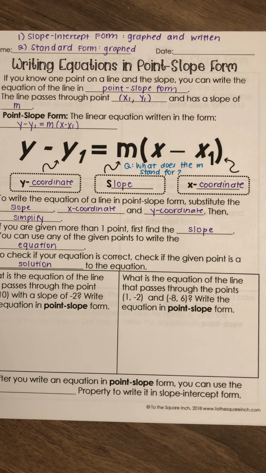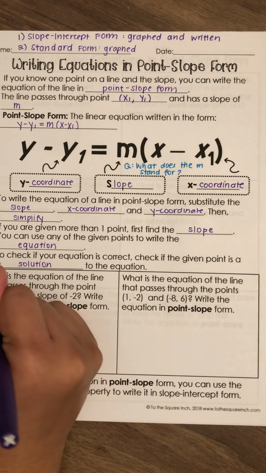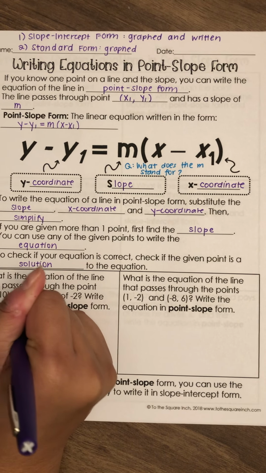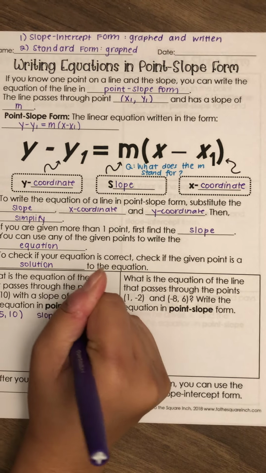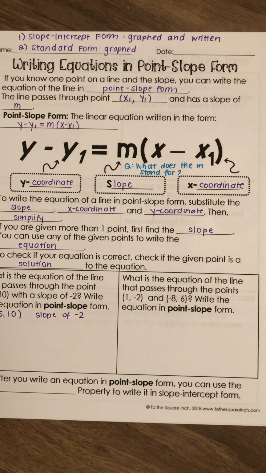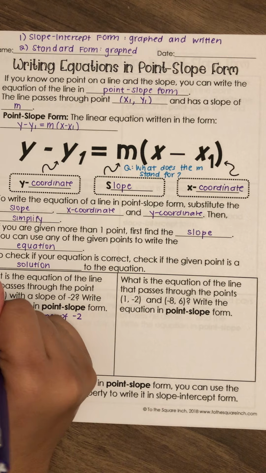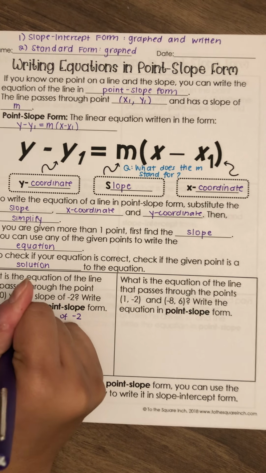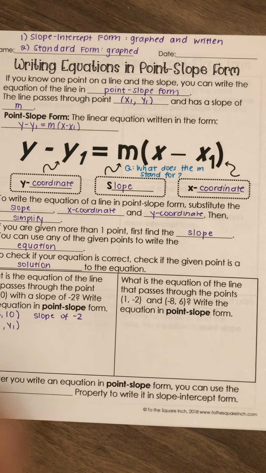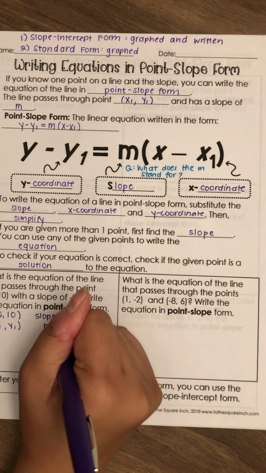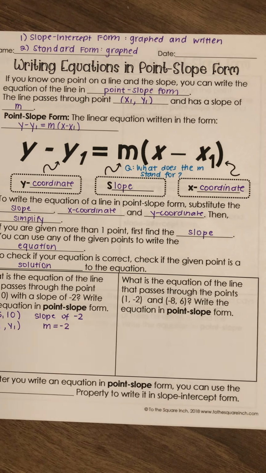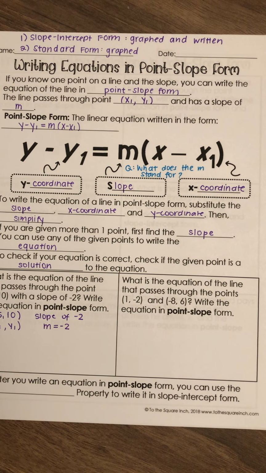So what I like to do first is I'm going to take all the information that I have, -5, 10, and a slope of -2. And with my point right here, I'm going to go ahead and label it x1, y1. So the -5 is my x coordinate, the 10 is my y coordinate, and a slope of -2 means m equals -2.